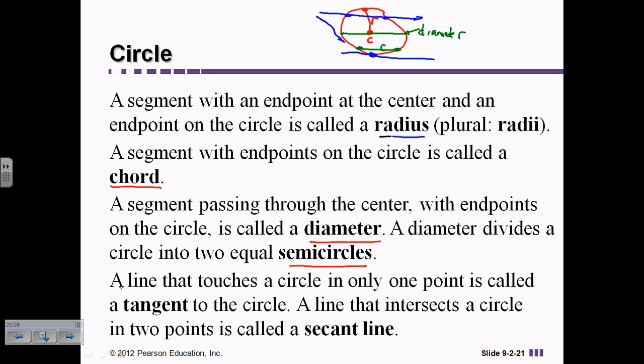So these two definitions at the bottom are lines that involve the circle. They're lines that touch the circle in one point, or a line that touches the circle in two points. The two definitions that you see above are segments. So they have a start and a stop point. They do not go all the way through the circle completely and come out the other side.